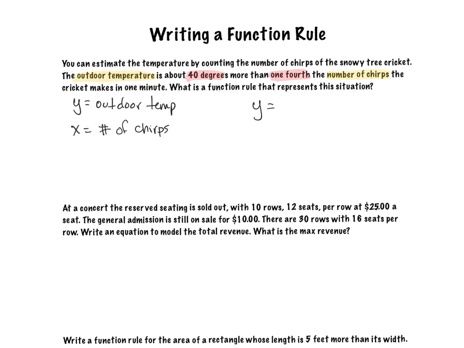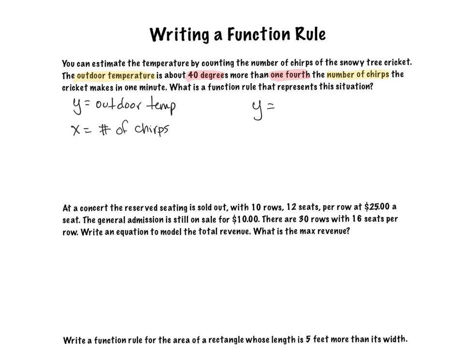So I'm going to have Y equals, and this is where the red comes into play. So 40 degrees more than means I'm going to do what operation, do you think? Addition, right?